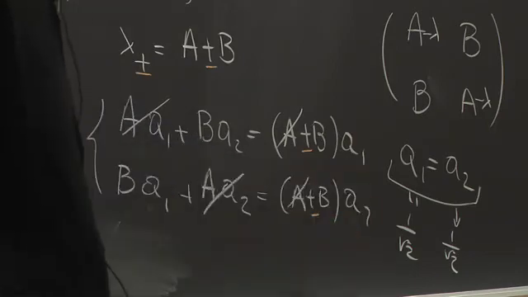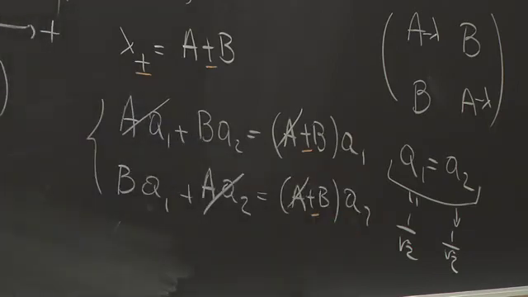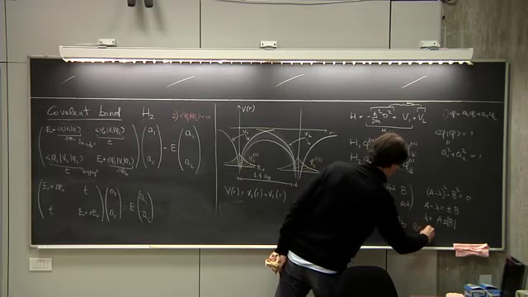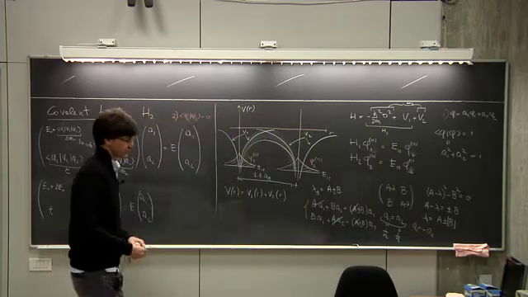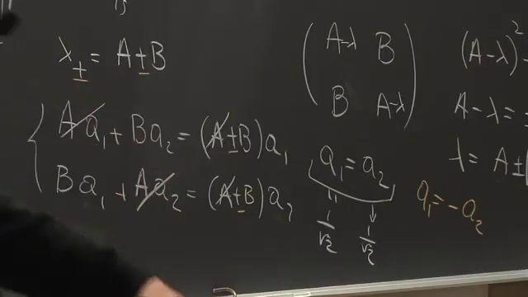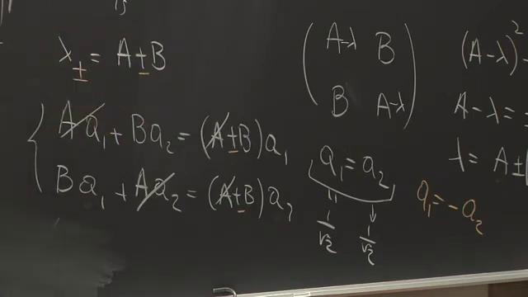Both equations are satisfied only if A1 is equal to minus A2. Okay? So the one with the minus sign corresponds to A1 equals minus A2. Good. That's important because now I'm going to use these findings to determine here the wave functions.